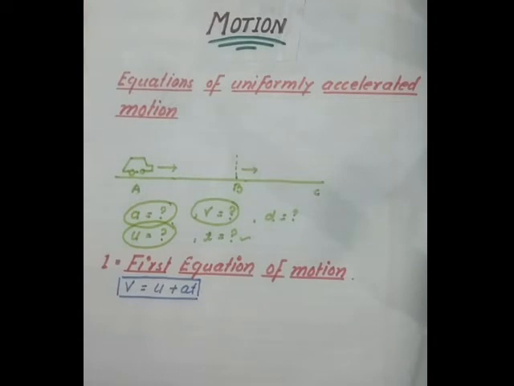How do we find out the first equation of motion? From where did we get it?